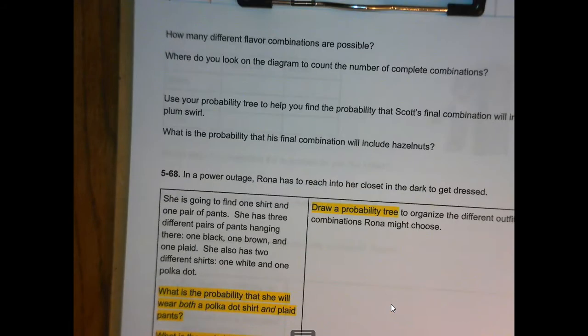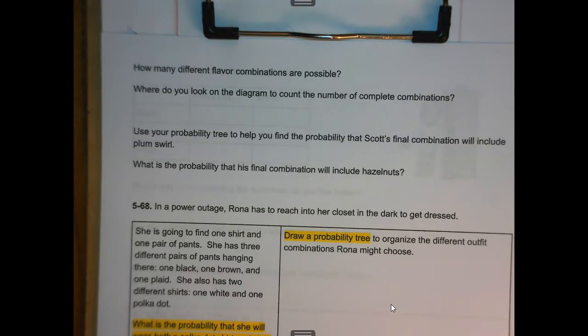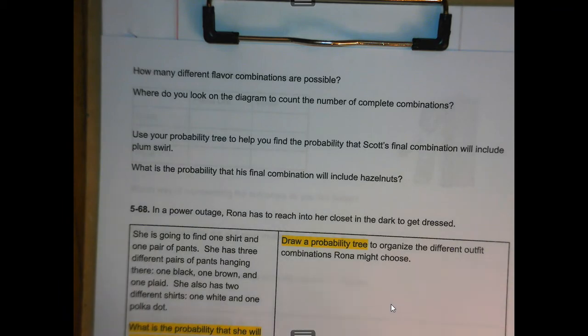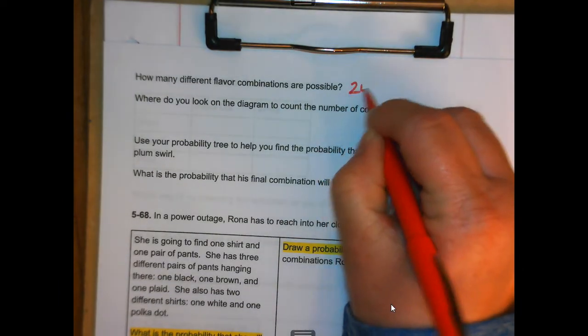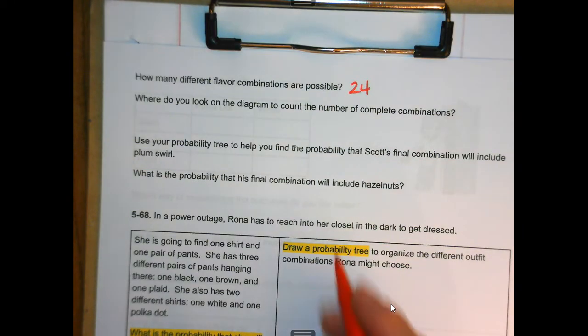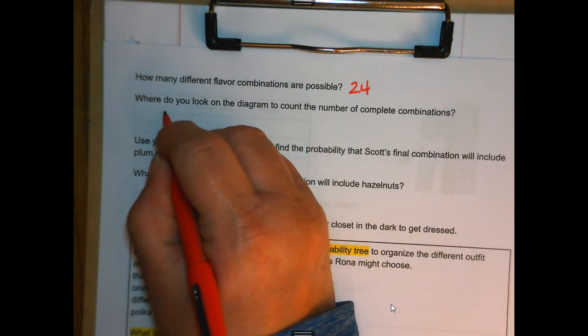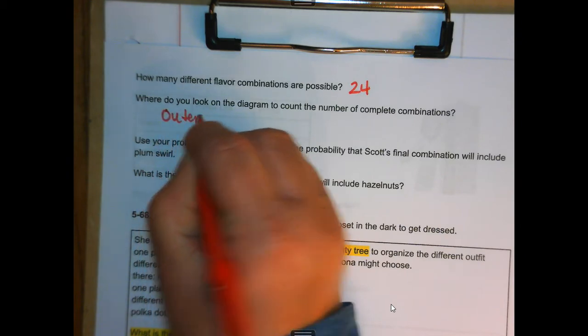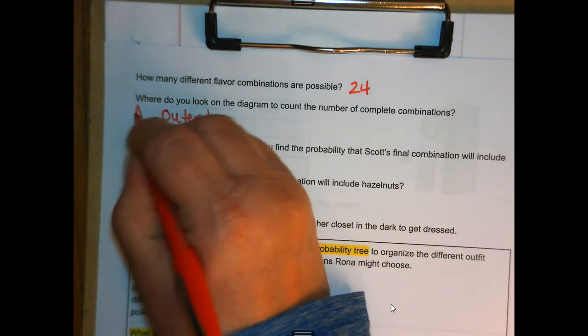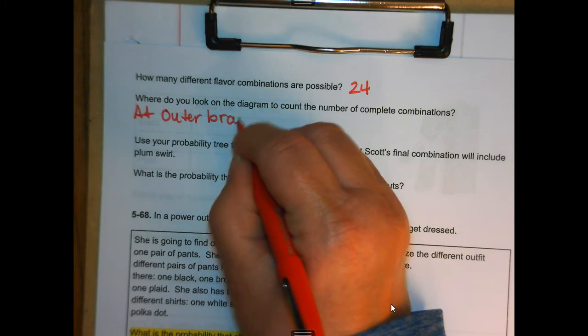And so then we move down to the next part of this assignment. How many different flavor combinations are possible? We just said 24. Where do you look at the diagram? You look at the outer branches.